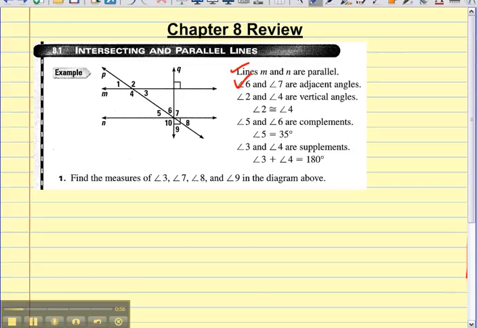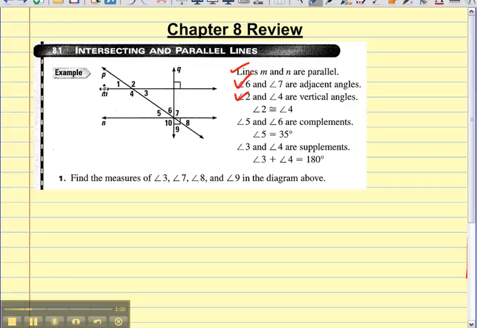Angles 2 and 4 are vertical angles. Here's 2 and here's 4. What does that mean, Carson? They're across from each other. Can you give me another pair? 3 and 1 are also vertical. Perfect. What do I know about the measures of vertical angles?